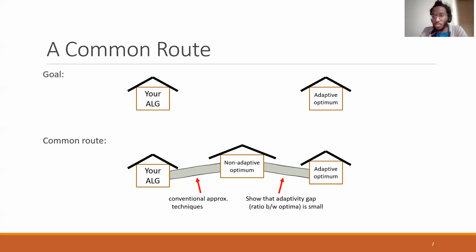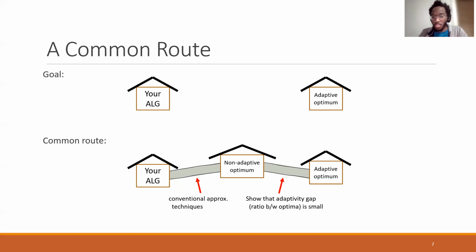One common route that people use to do this is, they come up with an algorithm, and they want to show that it's close to the adaptive optimum. So the route they go through is to show first that their algorithm's expected value is close to the non-adaptive optimal value, and they do that using conventional approximation techniques.